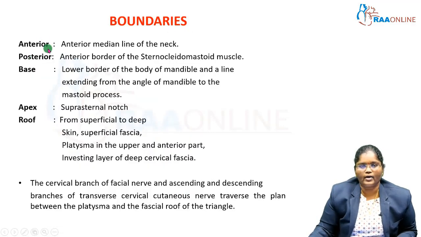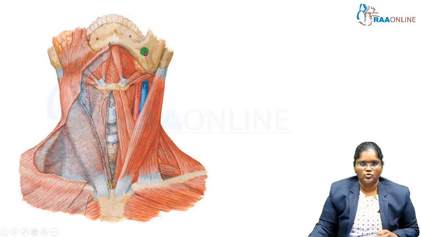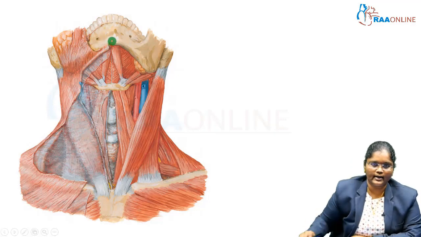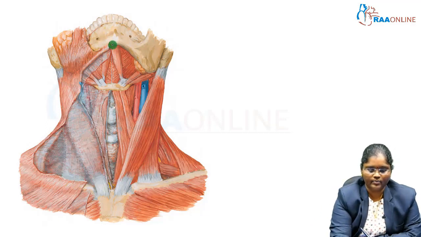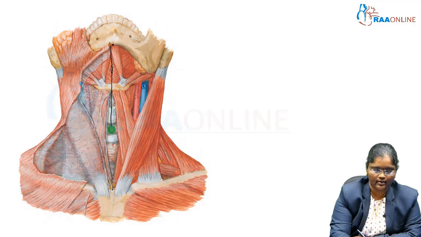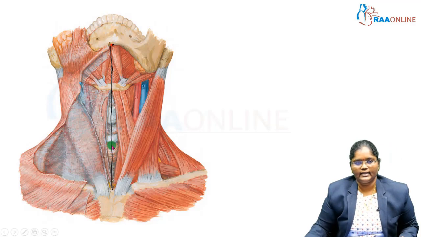Now the boundaries of the anterior triangle. Anteriorly it is bounded by the anterior median line of the neck, which extends from the symphysis menti to the suprasternal notch. This is the anterior boundary.